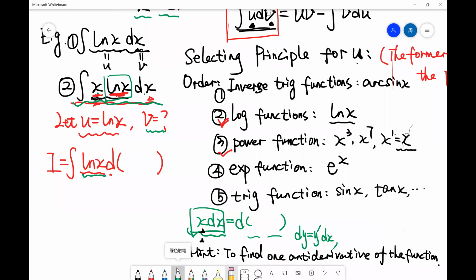So here the function should be x squared by 2. That means v equals x squared by 2.